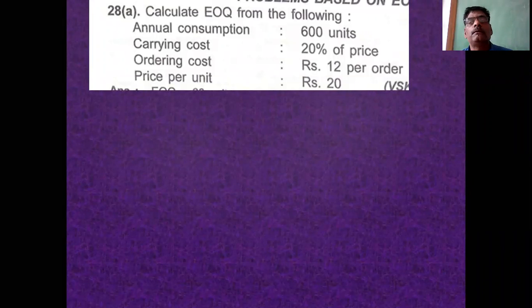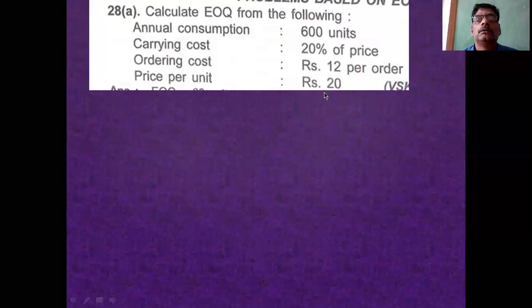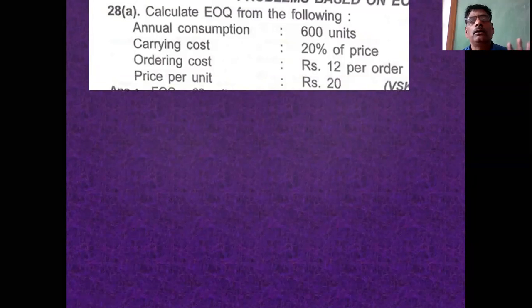Rejoin at 12:35 for the income tax class. Okay. And you see the calculation of EOQ. If it ends in the middle, I'll continue in the next class.